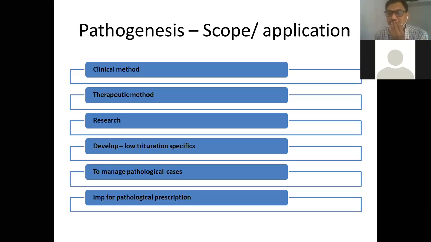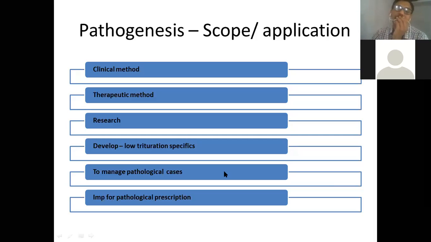This medicine, thyroidinum, is given in the decimal scale like 6x, 30x, 200x to the patient suffering from hypothyroidism because of this knowledge of pathogenesis. The deficiency of thyroid hormone produces symptoms of hypothyroidism. If you supplement this thyroid deficiency, the symptoms will be under control. So this is the meaning of low trituration specific.